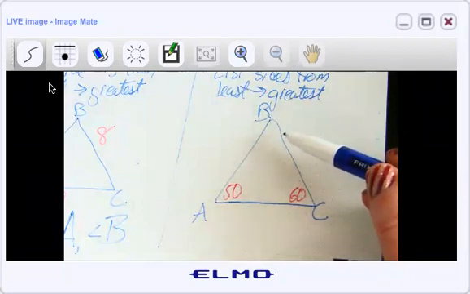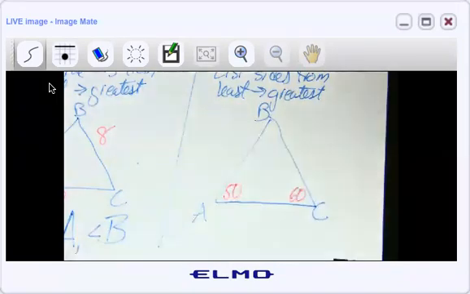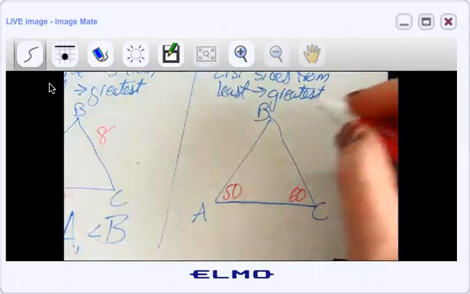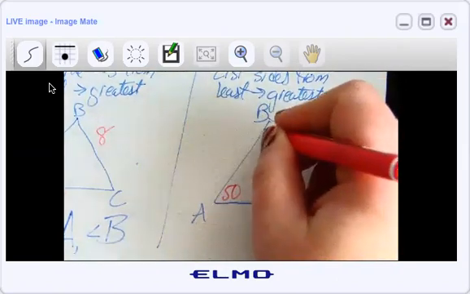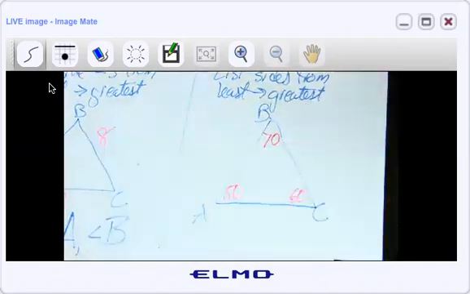So if you don't have all the numbers, you can't do this. So let's see, 50 and 60 is 110. Take that away from 180. That means that angle up there has got to be, anybody have it? You should all have it. What is it? 70. Thank you, 70. Now I can list the sides from least to greatest.